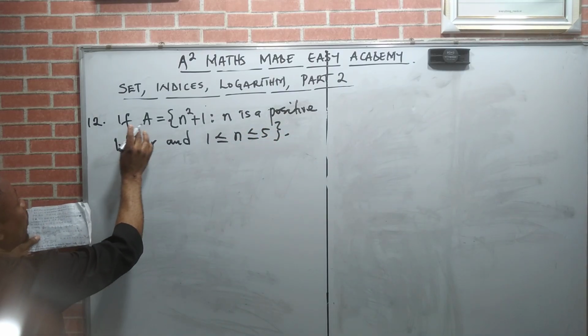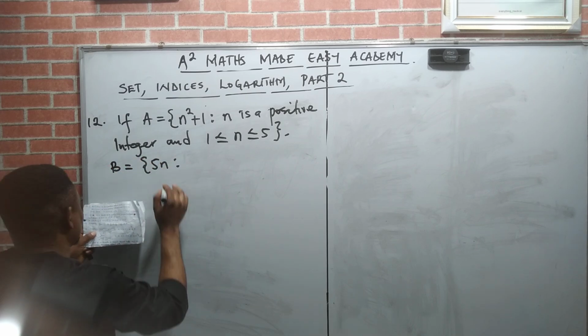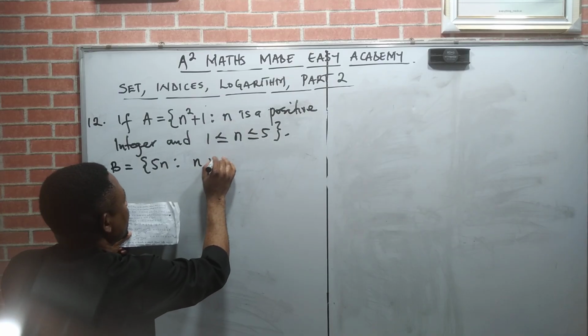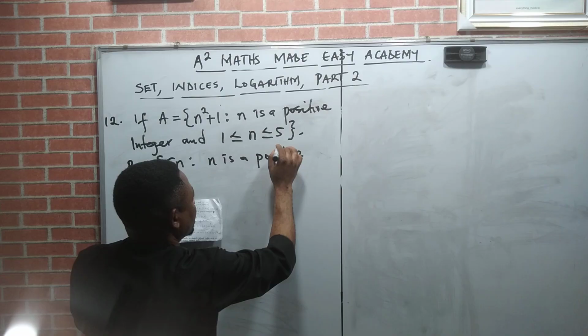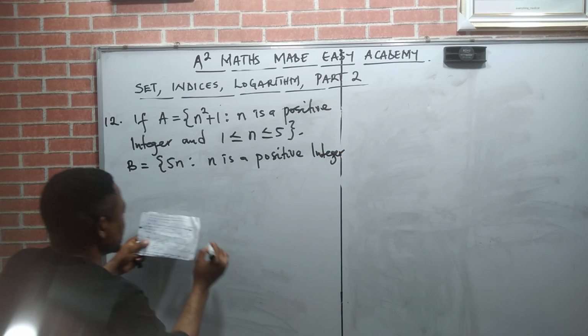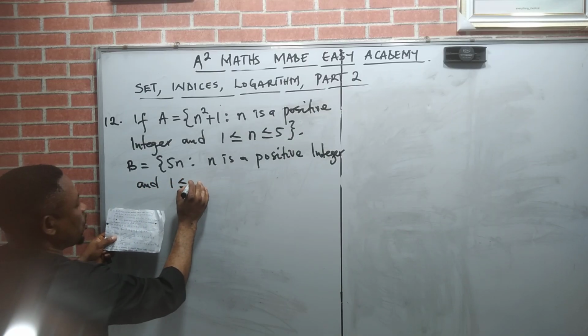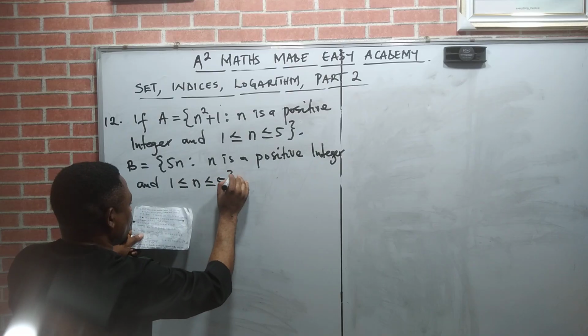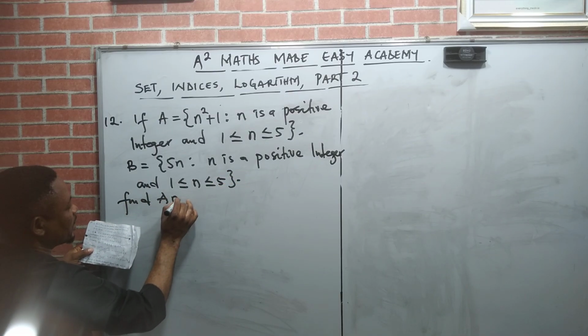Now, this is for A, and set B is given as 5n such that n is a positive integer. Are you with me? n is a positive integer, and 1 is less than or equal to n, less than or equal to 5. Now the question says find A intersection B.